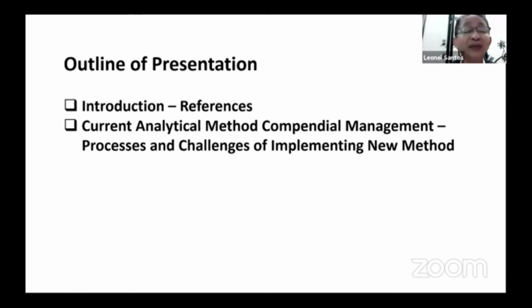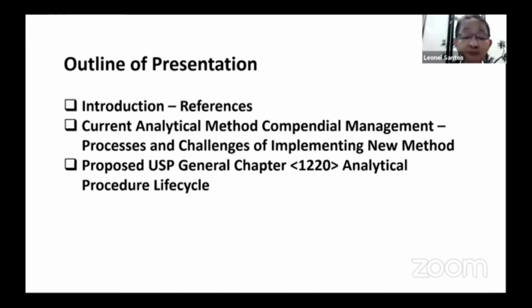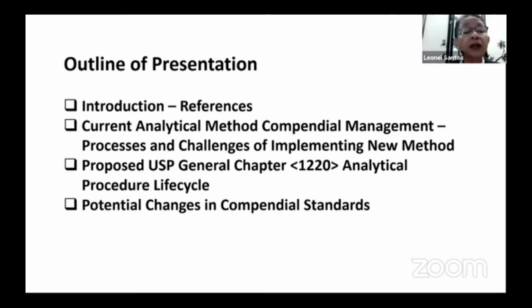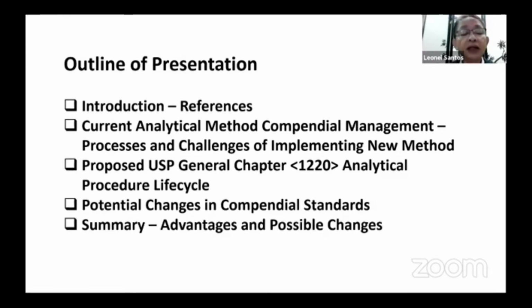It's a long title, but these are the processes and challenges of implementing a new method in a laboratory. I will then describe the proposed USP General Chapter 1220 Analytical Procedure Lifecycle, and discuss the potential changes in compendial standards. Finally, at the end, I will summarize and provide some of the advantages and possible changes.